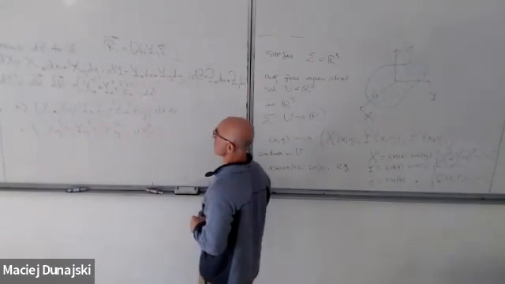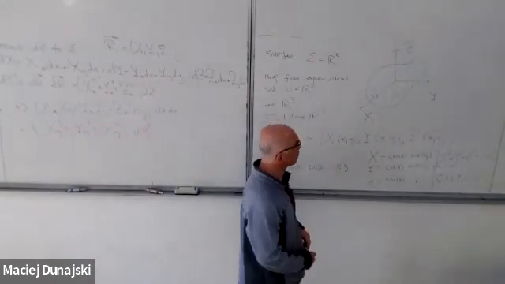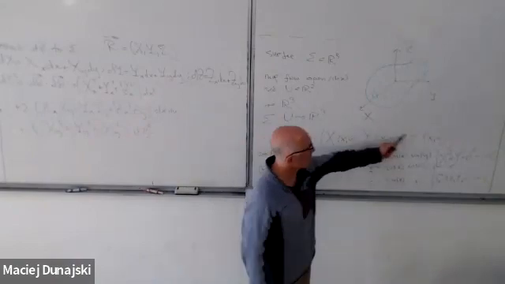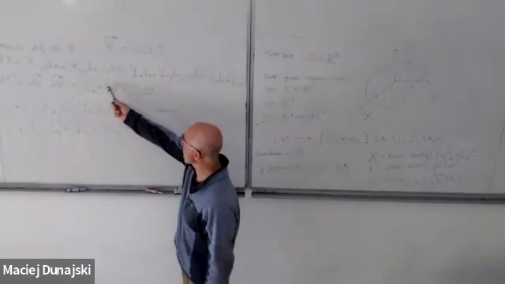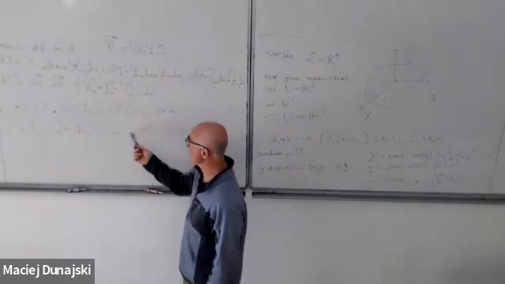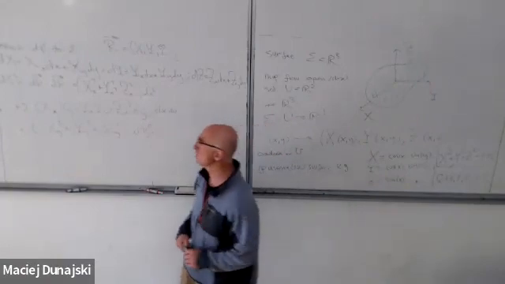Now, this looks complicated, but the point is, if we're given this parametrization of the surface, then all these things in these brackets, this one, that one, and this one, are some known functions of little x and little y.